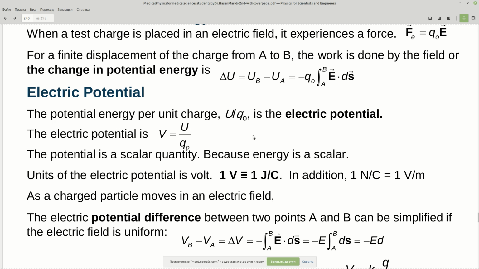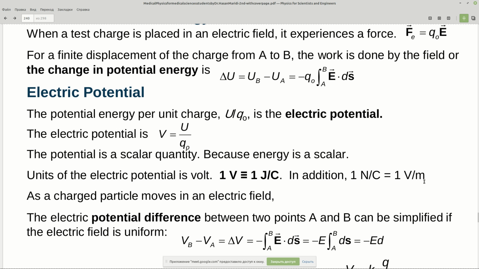We have two conductors, two plates. The plates carry charge of equal magnitude and opposite sign. A potential difference exists between the plates due to the charge. Now, the definition of capacitance.